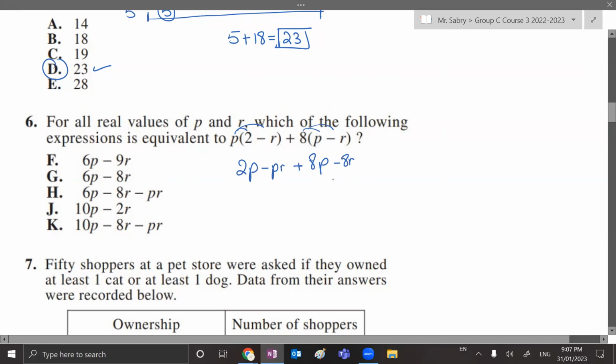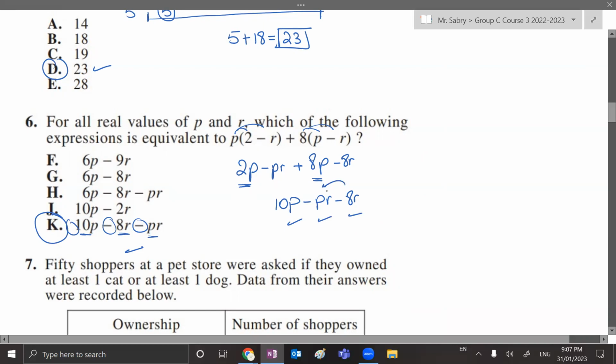You then check if there are any like terms, and you always add like terms together. So there's this 2P here and this 8P here, and that's a total of 10P minus PR minus 8R. And then you check the choices. Apparently that's choice K. As long as that 8 is negative and P is negative and 10 is positive, then it's 100% true.